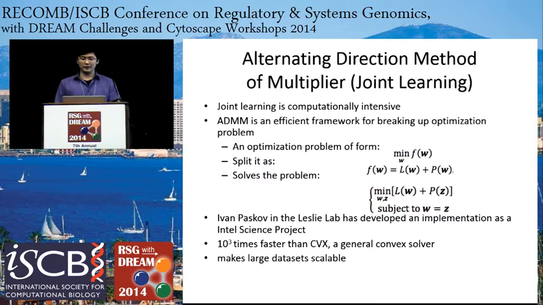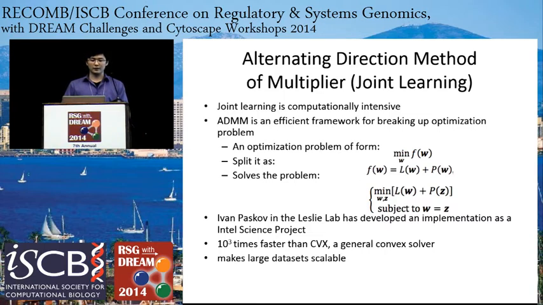However, joint learning is computationally very intensive. So to solve this problem, we have implemented the alternating direction method of multipliers, ADMM. This is an efficient framework for breaking up optimization problems. The algorithm is pretty complicated, and I won't go into the details.